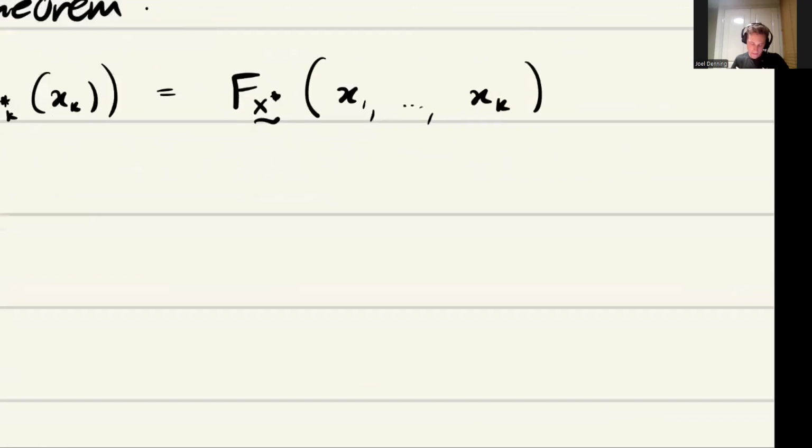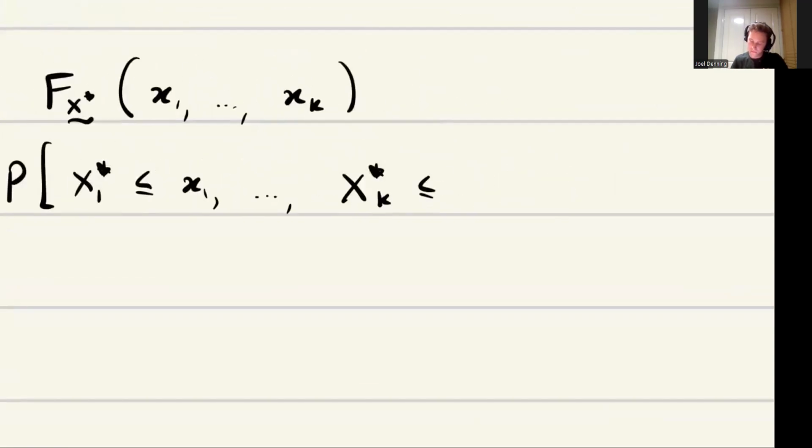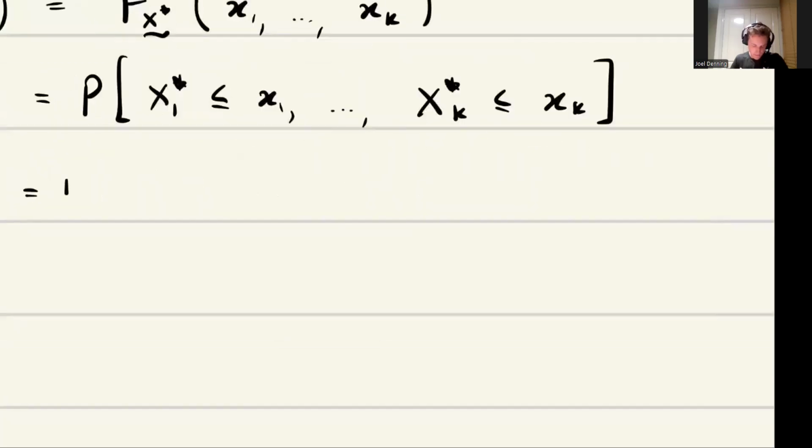Then I'm going to rewrite this as a probability. So the probability that x1 star is less than or equal to x1, all the way up to xk star less than or equal to xk. But x1 star is just equal to A1 of x1.